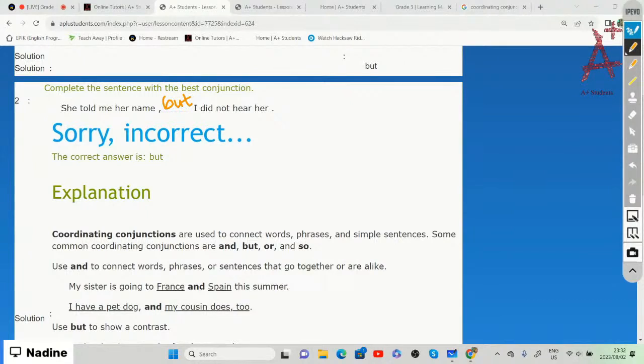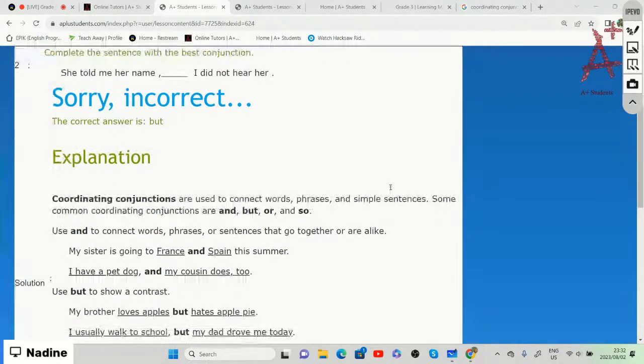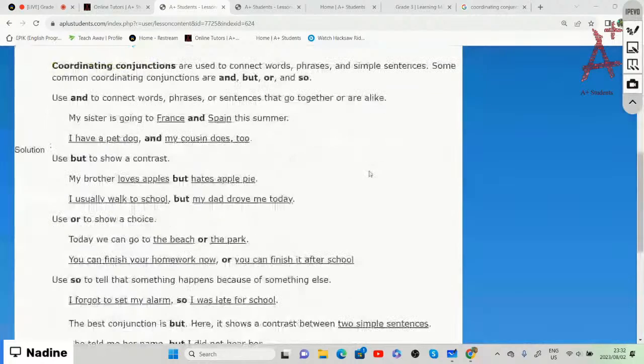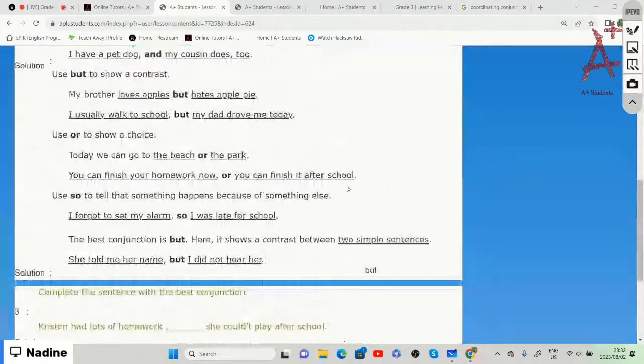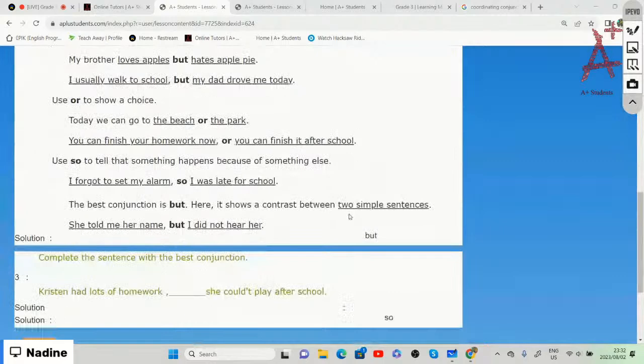She told me her name, but I did not hear her. So it's like saying she needs to repeat it. So but is our coordinating conjunction within that sentence, and it joins those two simple sentences.